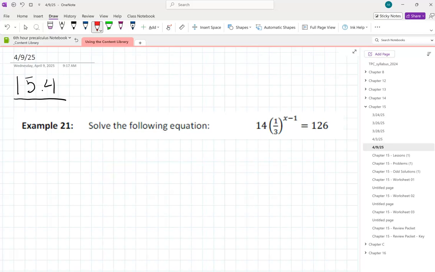So what we have here is an exponential equation. I can tell it's an exponential equation because the variable is located in the exponent. As we developed in the previous section, the key to solving an exponential equation is going to be canceling out the base of the exponent, in this case, that 1/3.